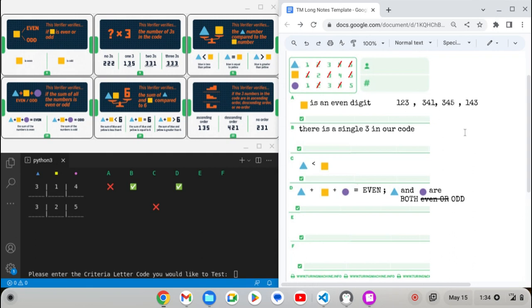Okay. And the sum of all of them is even. Yes, because we've got those two odds for triangle and circle. Yeah, I think it's just a 50-50. I don't think I can make any sort of conclusions.